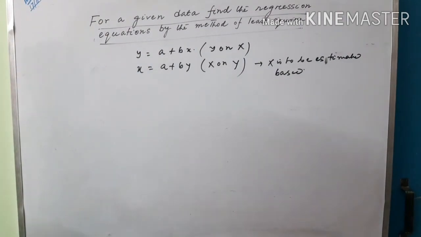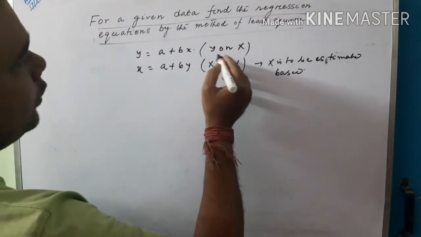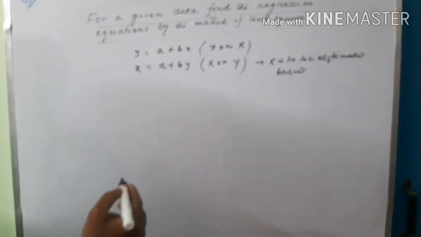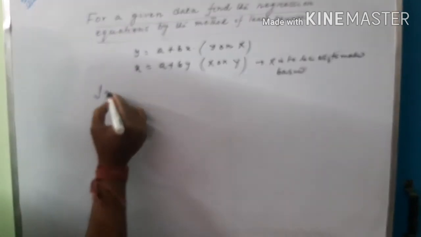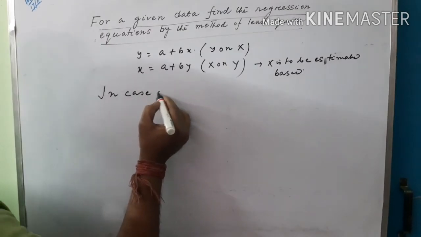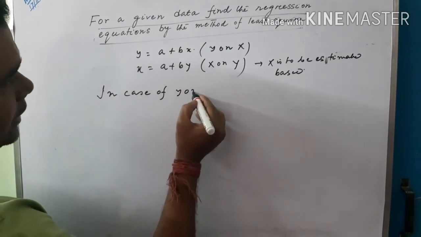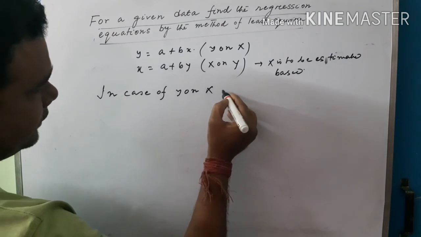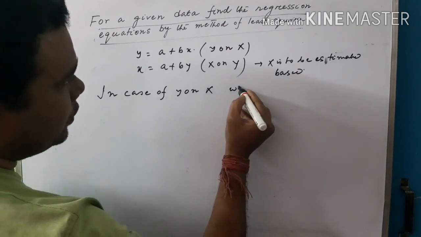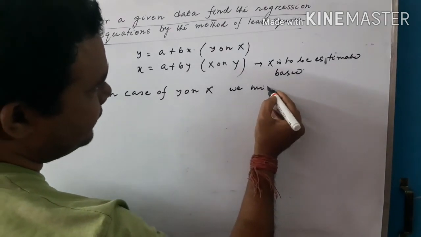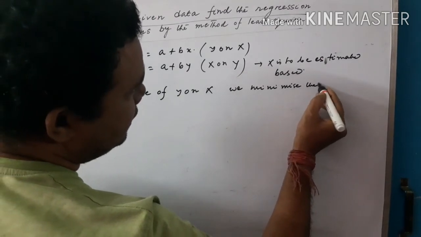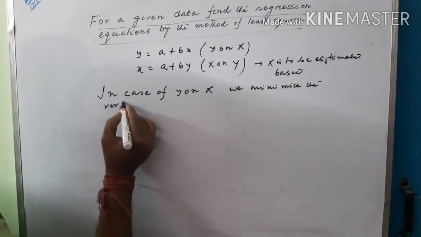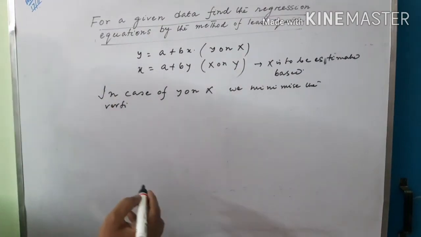Now remember that in case of y on x, we minimize the vertical error, because y is measured vertically.